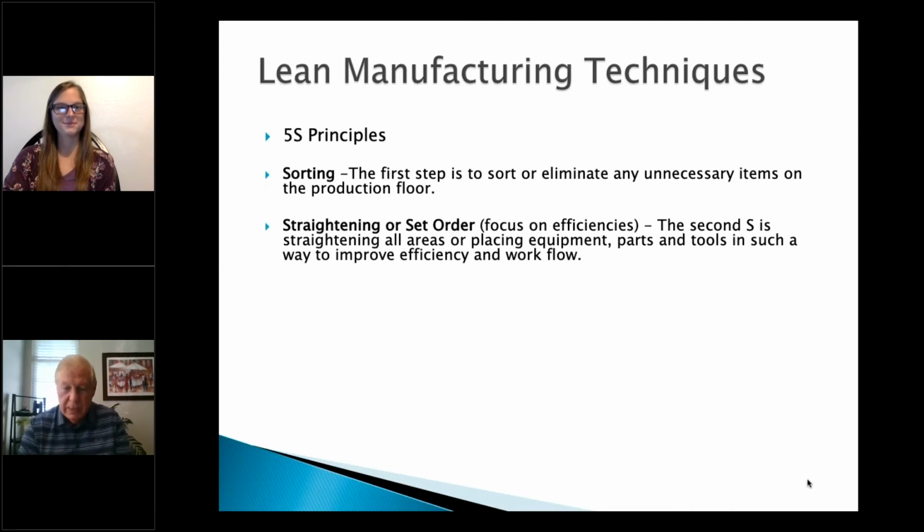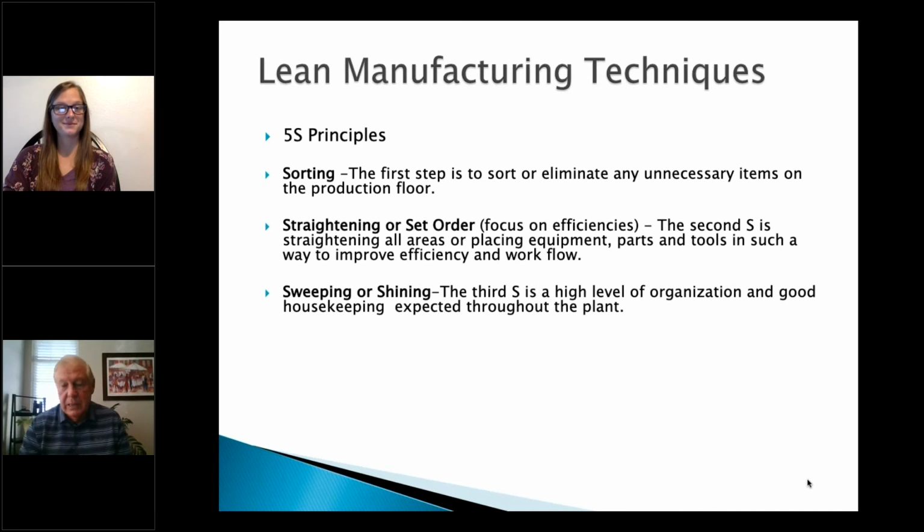All have to do with straightening. So you got to rethink your layout and what is the best optimal way for your operators and really your whole department to flow. So that's the straightening part. Sweeping or shining.